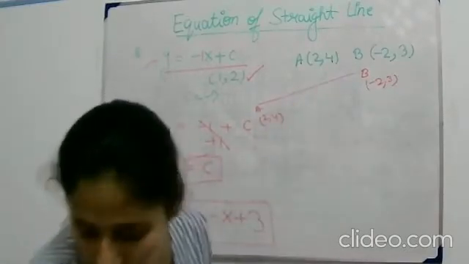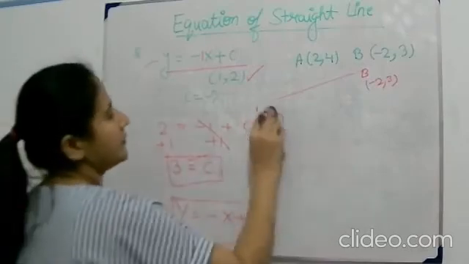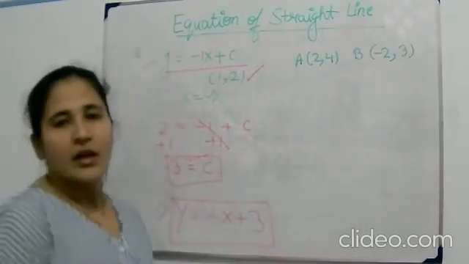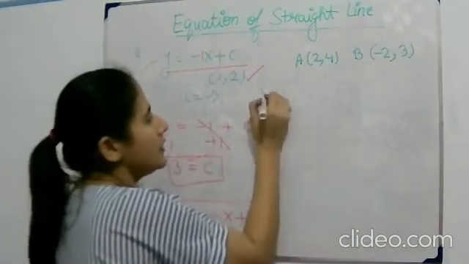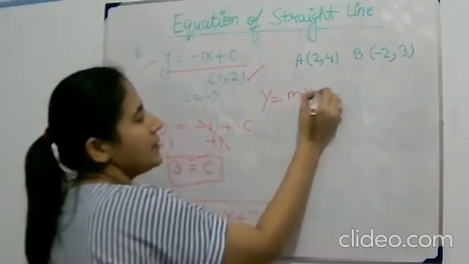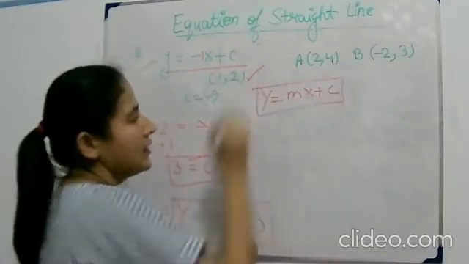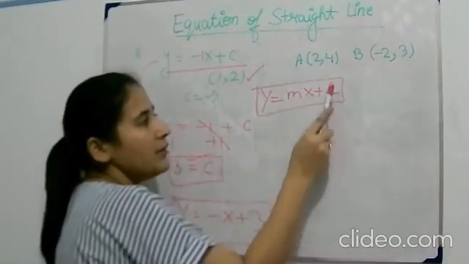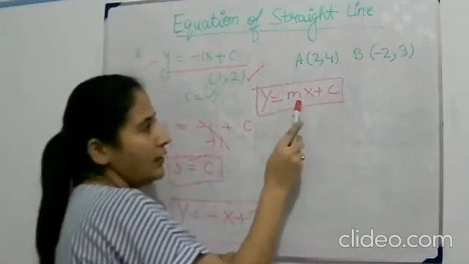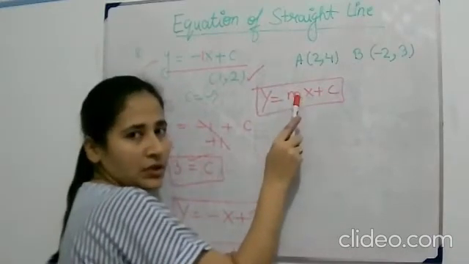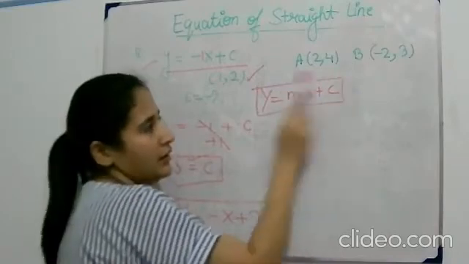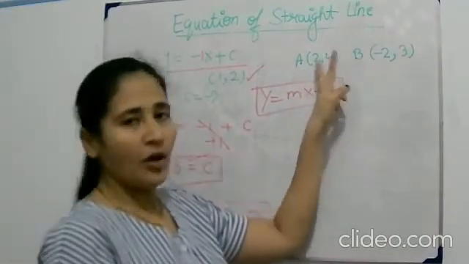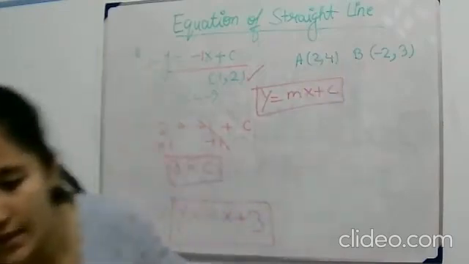How to find the equation? This is y equals mx plus c, the linear equation of a line. If we know the value of c and the value of m, we will substitute them in this equation. So first, let's find the value of gradient from these coordinates.